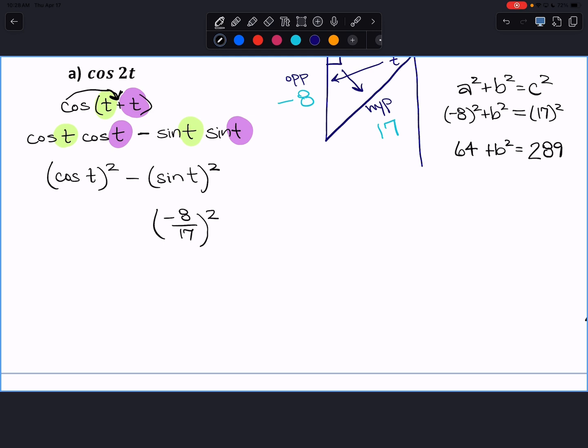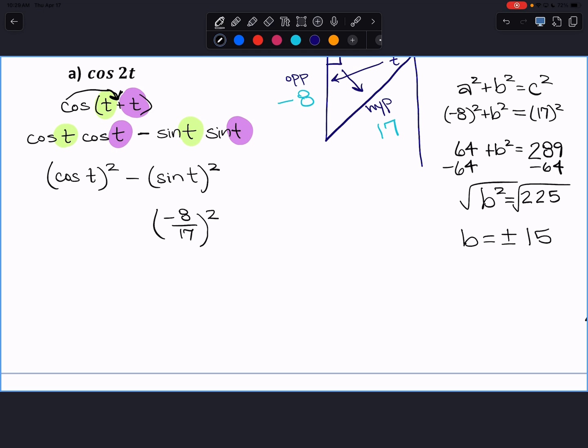All right. So we're going to subtract 64, right? And then we're going to have b squared equals 9 minus 4 is 5. 8 minus 6 is 2. 2 minus nothing is 2. So we get 225. So then we square root. B is either plus or minus 15.